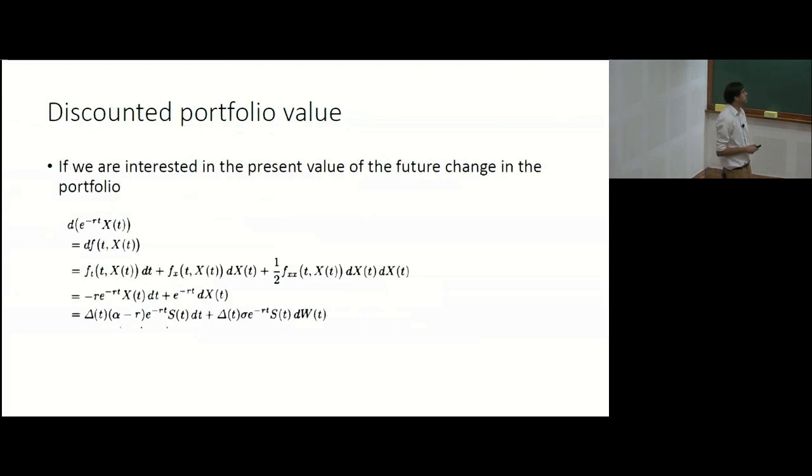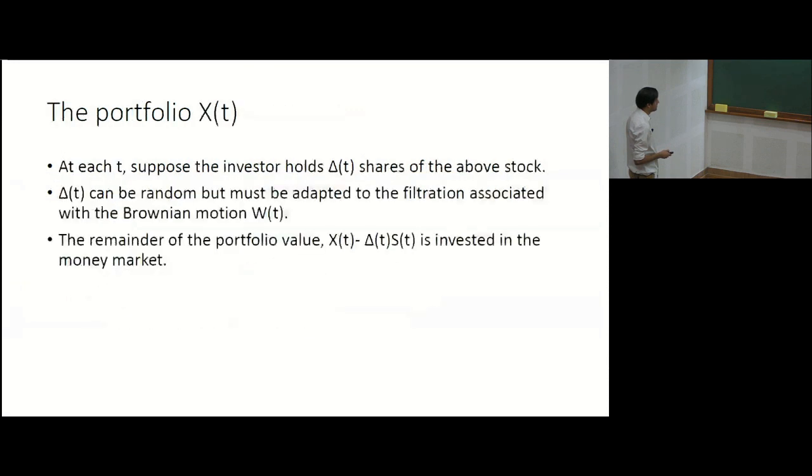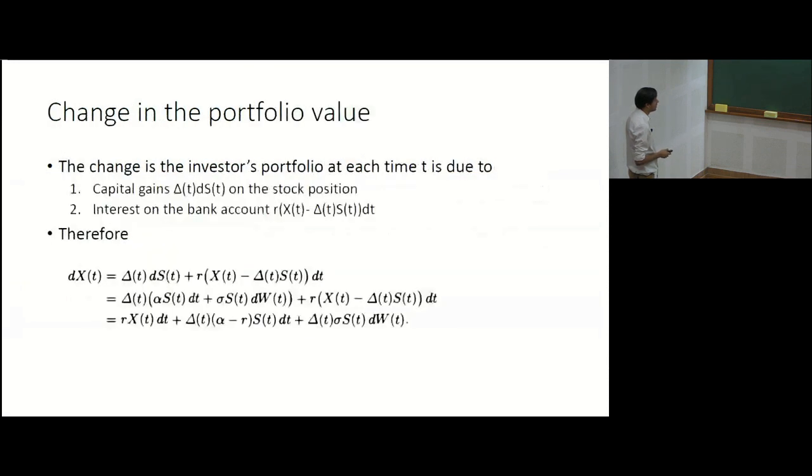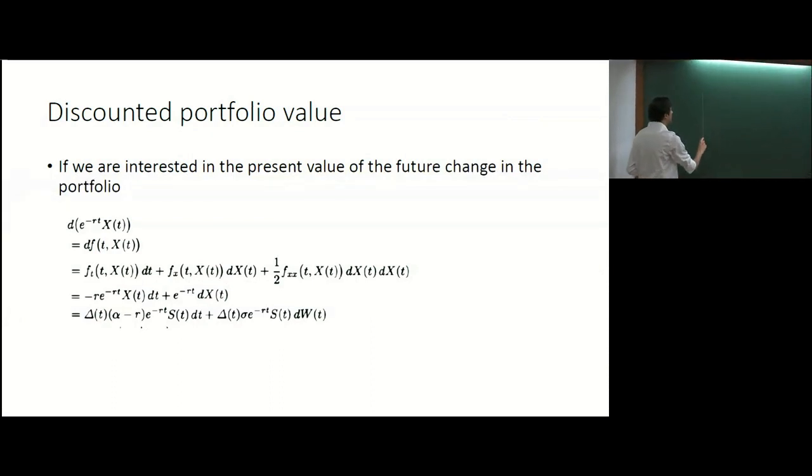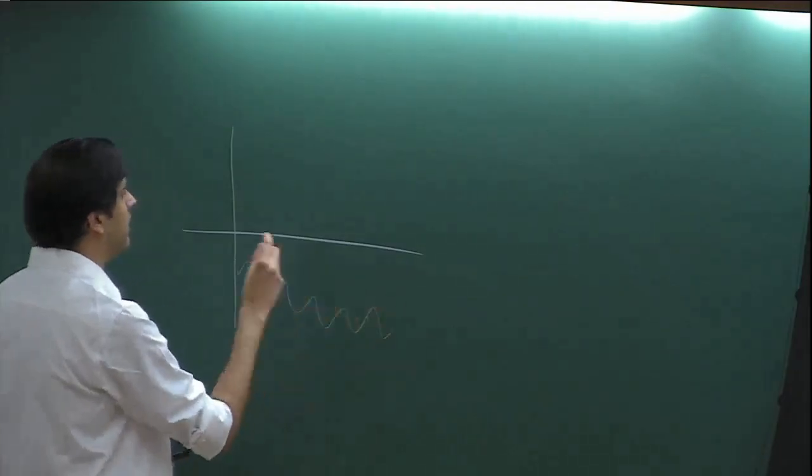You can also write the discounted process of this thing, right? So right now we have just looked at dX_t, but now we are looking at what is the discounted price of this X_t, right? So the idea is that we want to construct, there is an option which is going like this, and there is a portfolio.